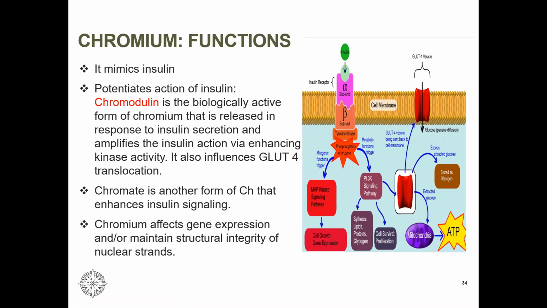It has 4 amino acids, and all the amino acids can attach a chromium ion to itself. So that forms the active form of chromium, that is chromodulin. And this chromodulin can potentiate, that means it can increase the function of the insulin receptor on the cell membrane.